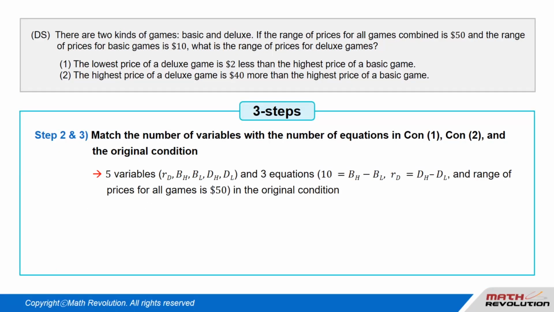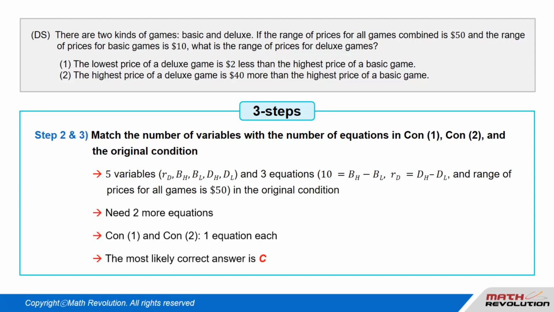Follow the second and the third steps. From the original condition, we have 5 variables: R of D, B of H, B of L, D of H, D of L, and 3 equations. 10 equals B of H minus B of L. R of D equals D of H minus D of L. And the range of prices for all games is $50.